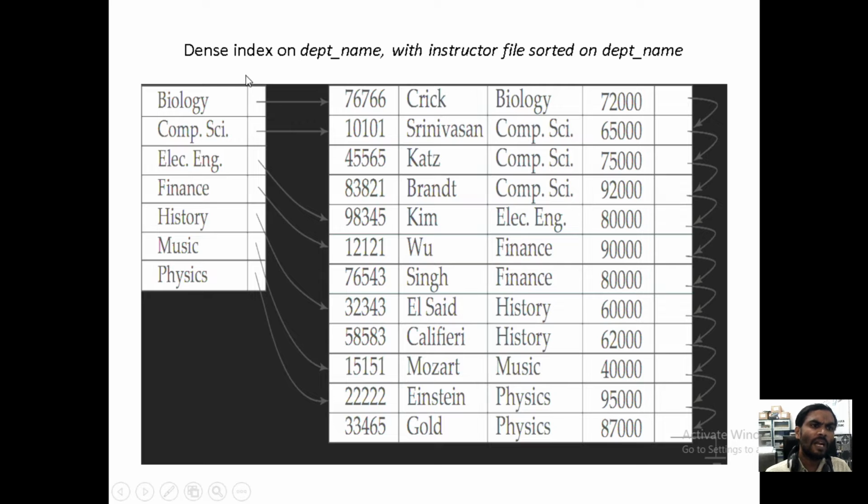Now coming to the index, computer science is pointing to the second index, the second index of Srinivas, instructor of computer science. Again it is pointing to the third index, and again to the fourth index. After the fourth index, again it is pointing to the fifth index.